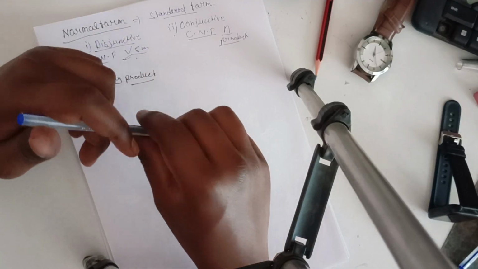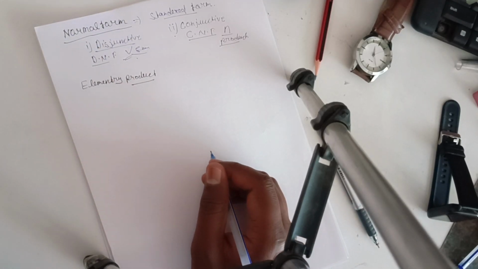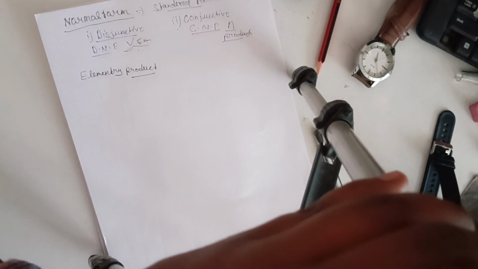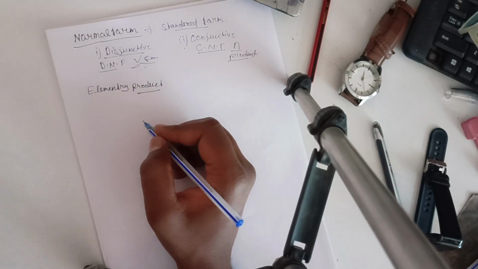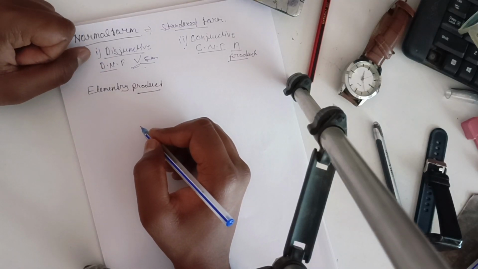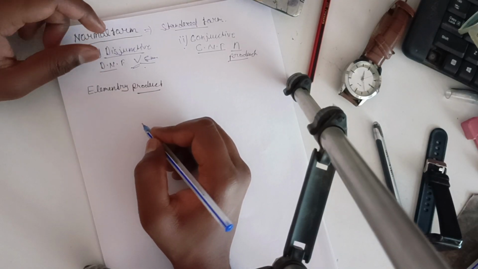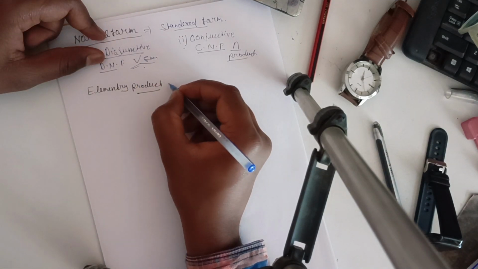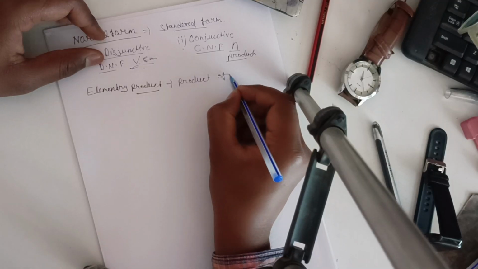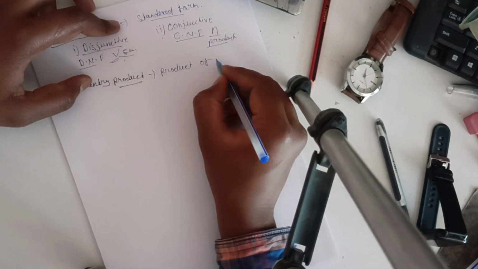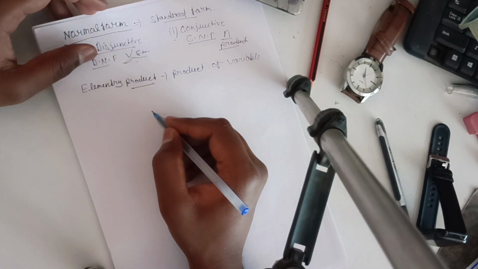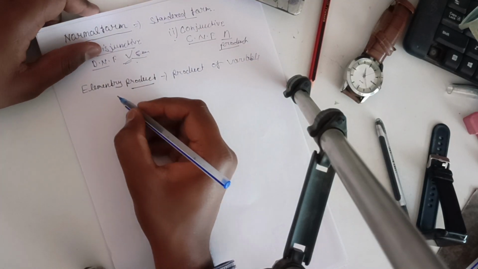Basically, elementary product is a product of variables and their negations.